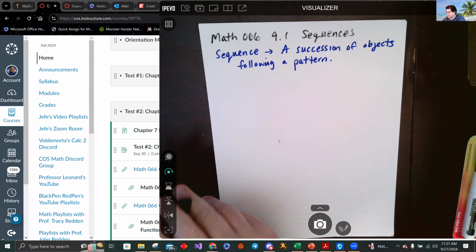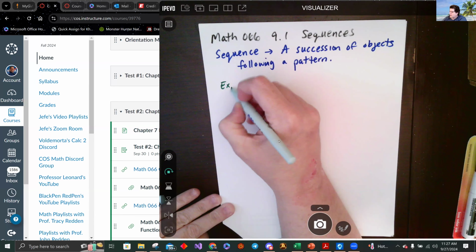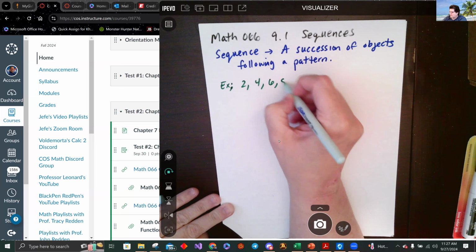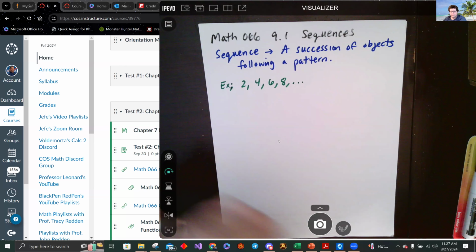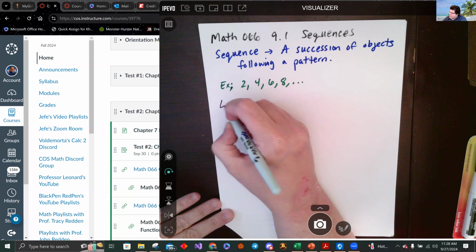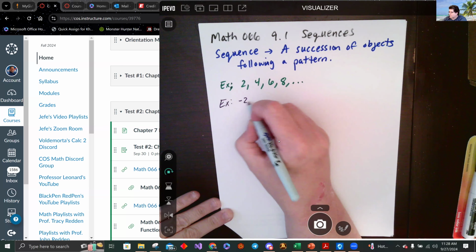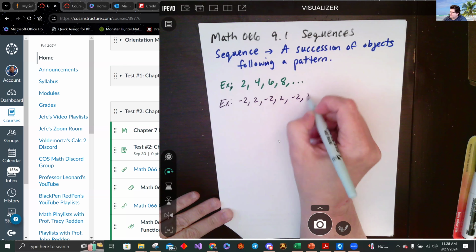So some examples, basic ones. We could do 2, 4, 6, 8, ... The pattern keeps going. We could do something like this: -2, 2, -2, 2, -2, 2.